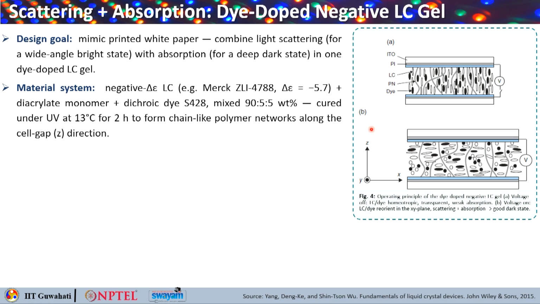Now these are mixed with a small amount of diacrylate monomer and dichroic dye, S428, in the weight ratio of 90:5:5, and then a UV curing at a controlled low temperature of 13 degrees centigrade was done for 2 hours.